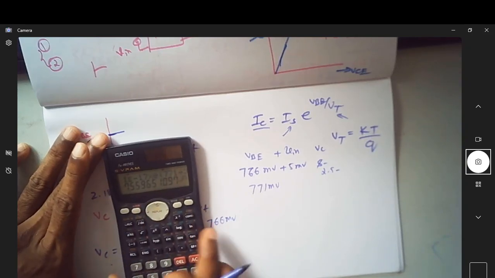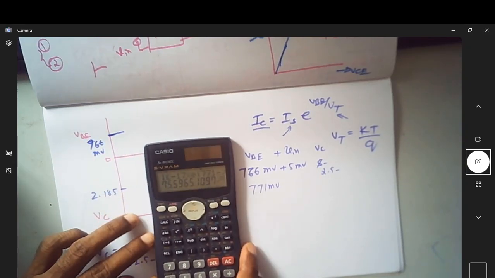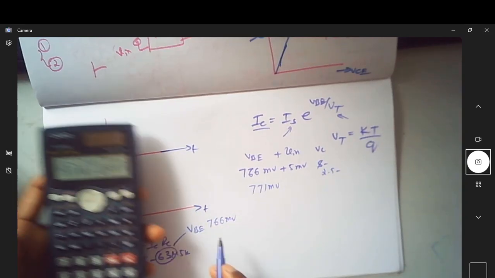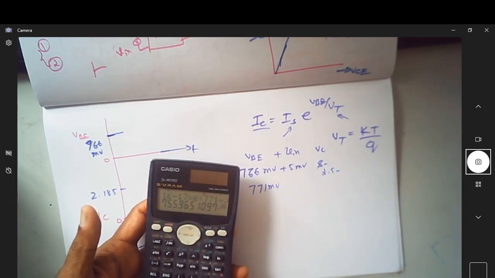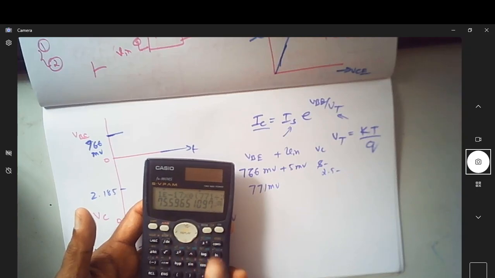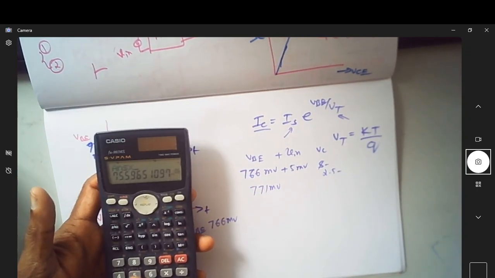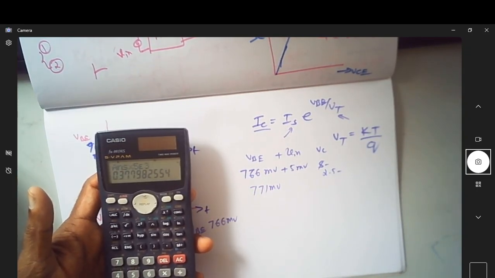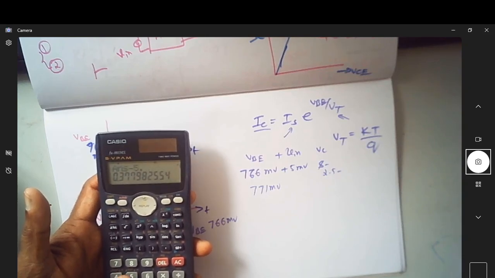Can you see the current is now 75 microampere. Corresponding to this 75 microampere, will I have a corresponding voltage? So 75 microampere multiplied by 5K, subtracted from 2.5.